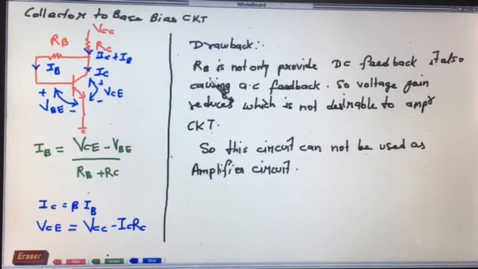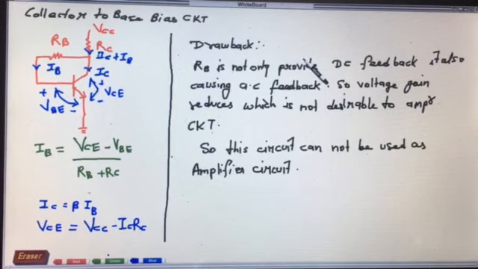The basic reason behind it is that RB is not only providing the DC feedback, it is also causing AC feedback, so the voltage gain will be reduced, and it cannot be used in an amplifier circuit. In an amplifier we need higher voltage gain, so this circuit cannot be used as an amplifier. Thanks.